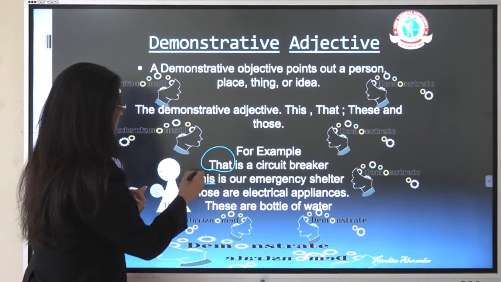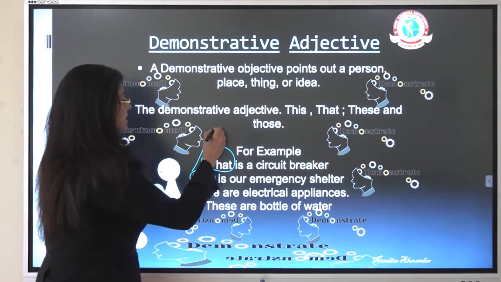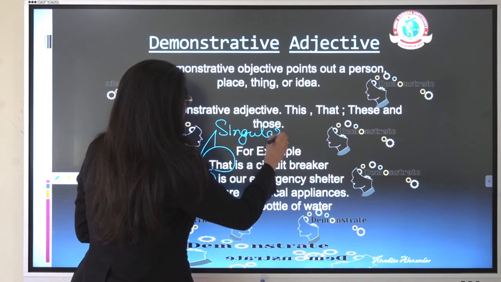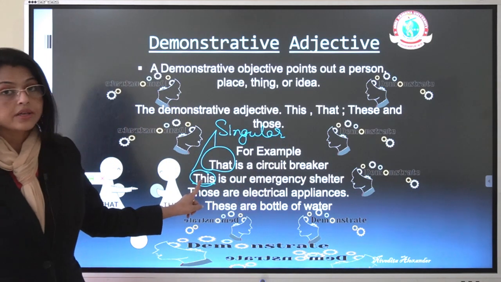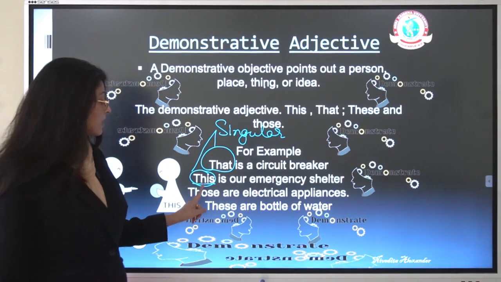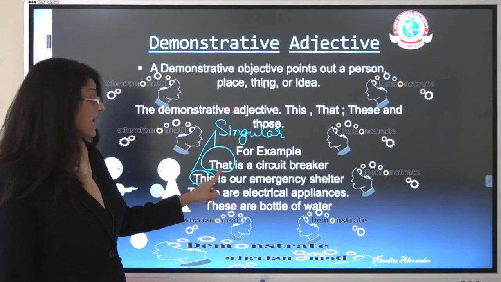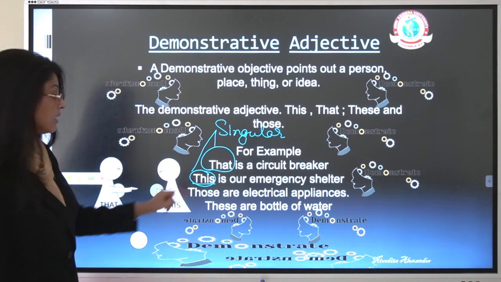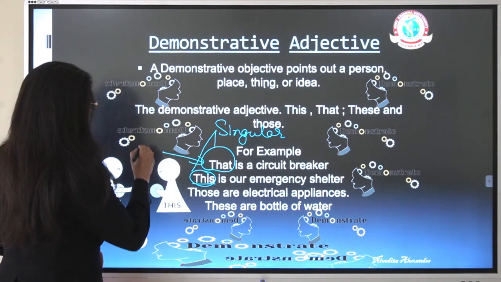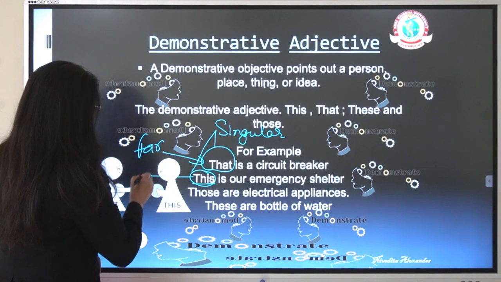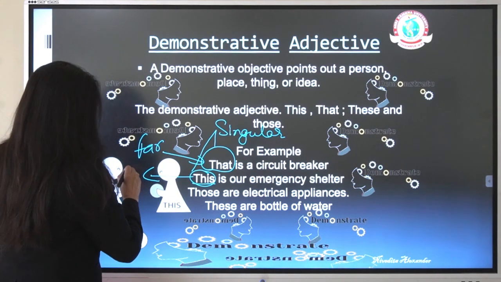So for singular, these two adjectives are used. Now for plural, those and these. Okay, that is far, this is close. That demonstrates an object which is situated far. This demonstrates the object which is situated close.